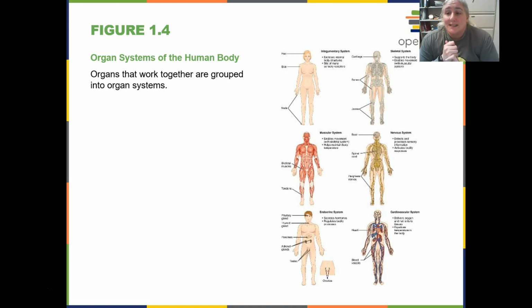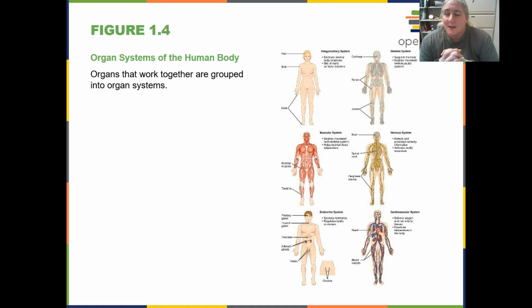We're going to go through the skeletal system. The skeletal system includes your bones and the joints that allow your body to move. So joints, movable joints like your synovial joints, are how we are able to move. And so we're going to cover the skeletal system this semester as well.